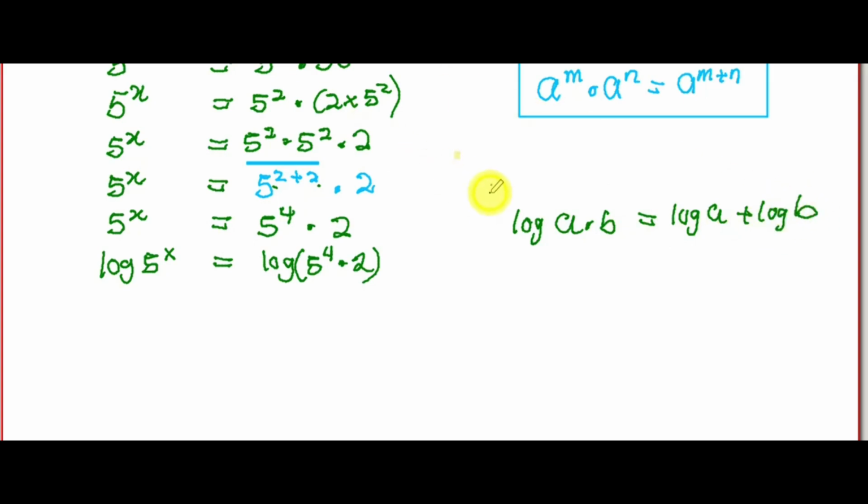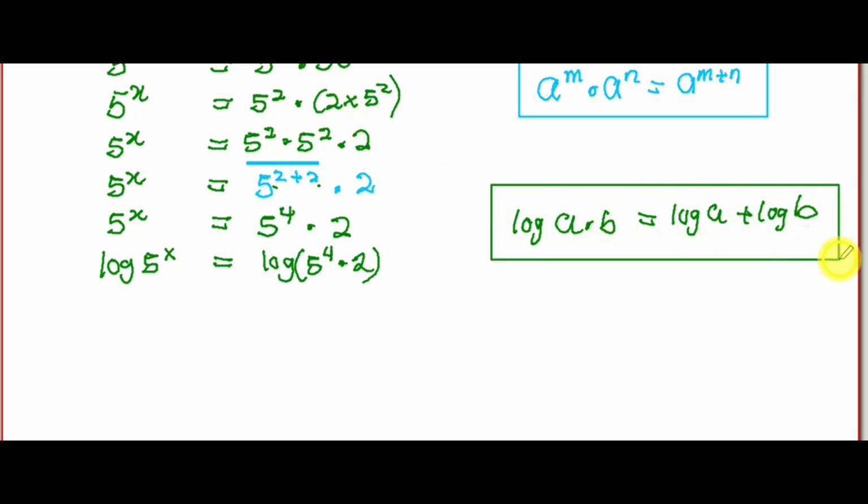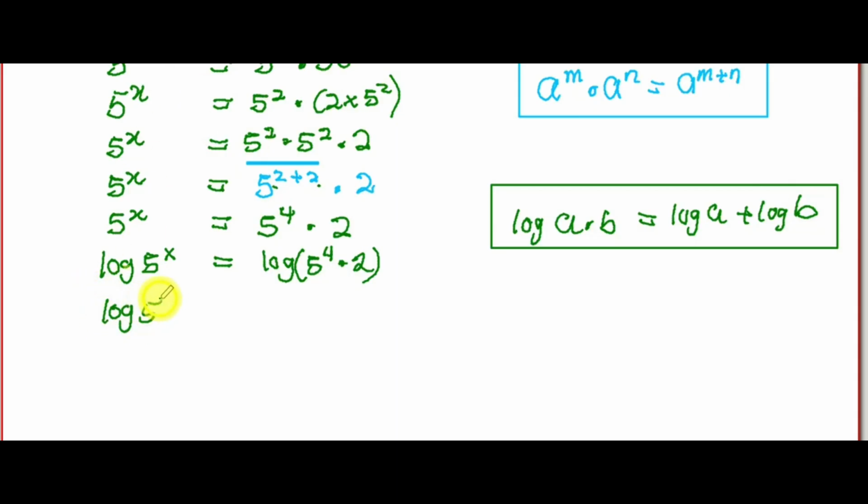So we can apply this rule there. Applying that, we will have log 5 to the power x equals log 5 to the power 4 plus log 2, right?